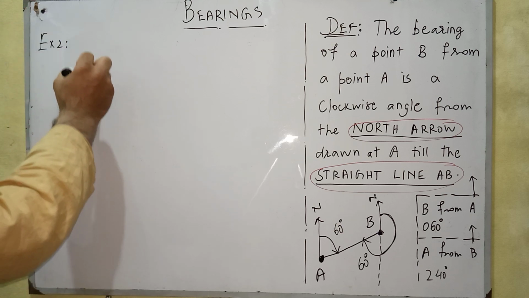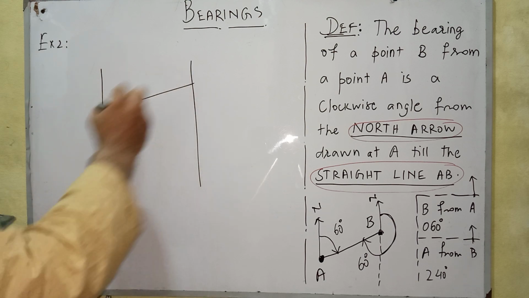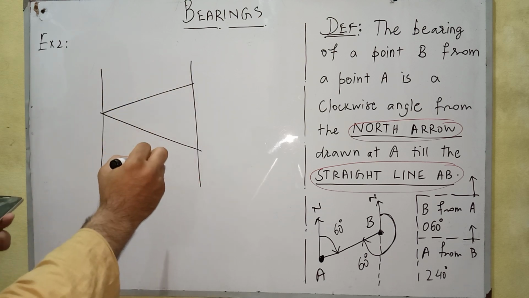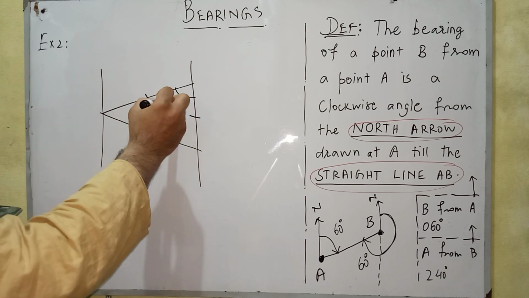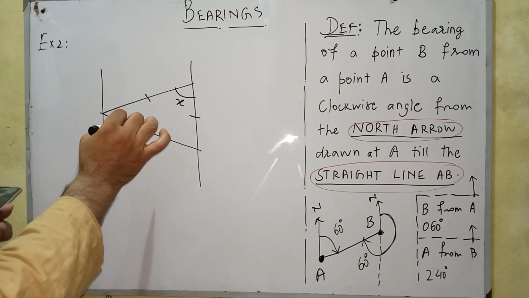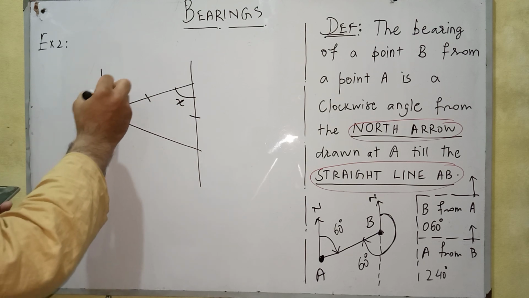We have two north arrows like this and we have a triangle. This is an isosceles triangle in which two sides are equal to each other and this angle is 62 degrees.